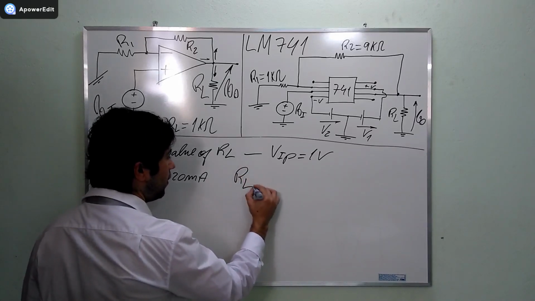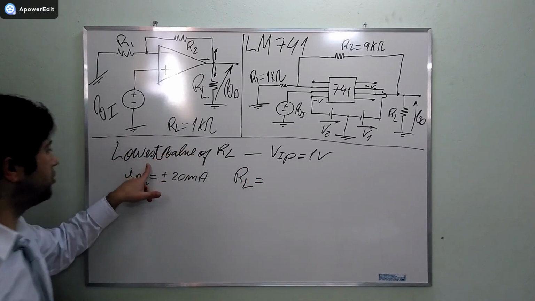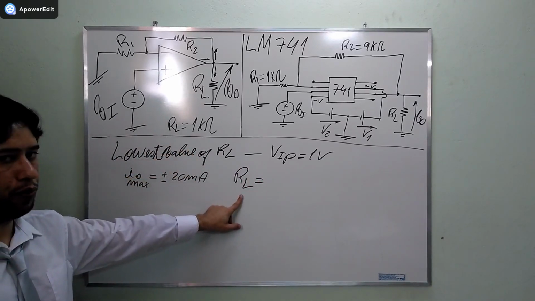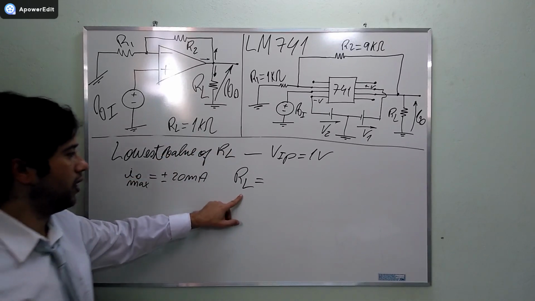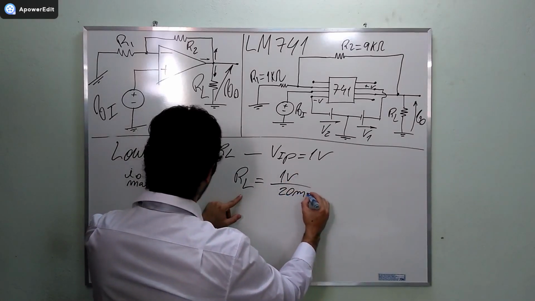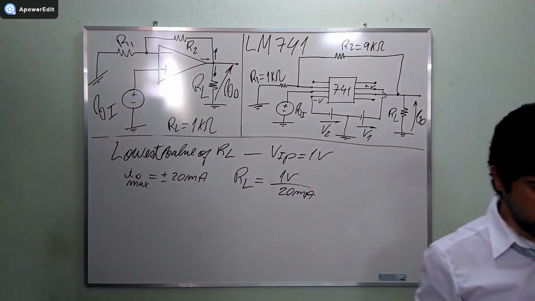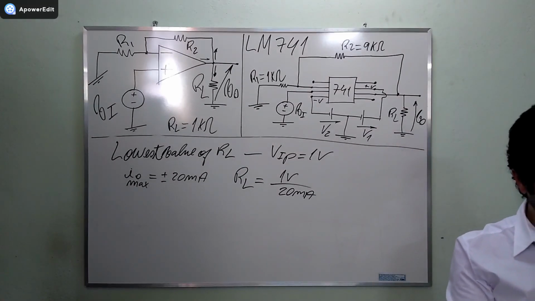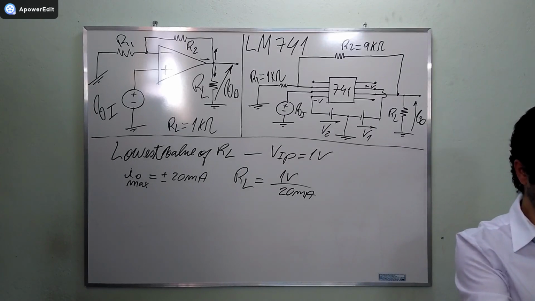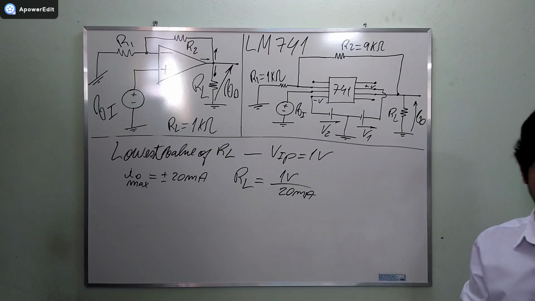Then, the lowest value of the output resistance needs to be equal to 1 volt divided by 20 milliamperes. Alright? And is that it? Is it right? Am I being right? Okay, let me use my calculator here.